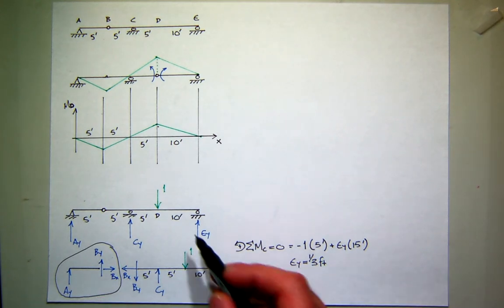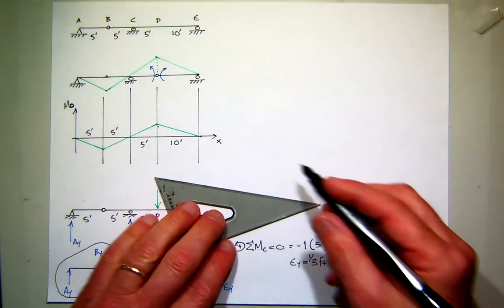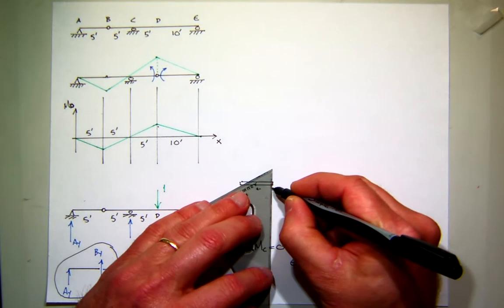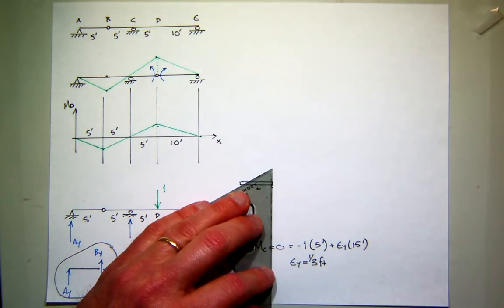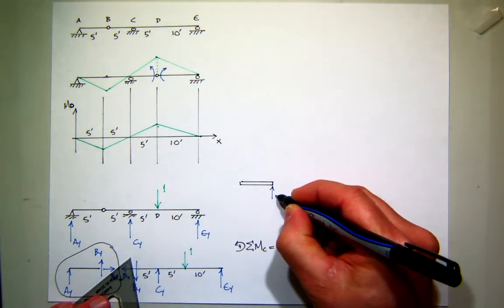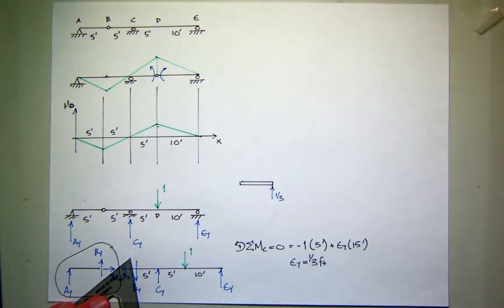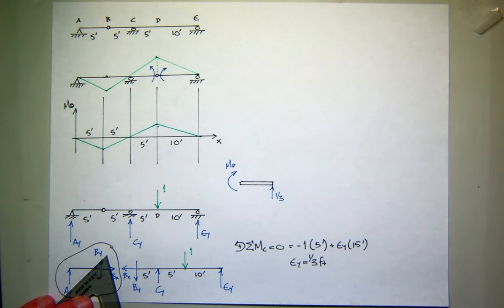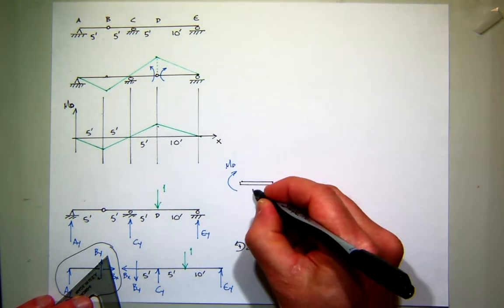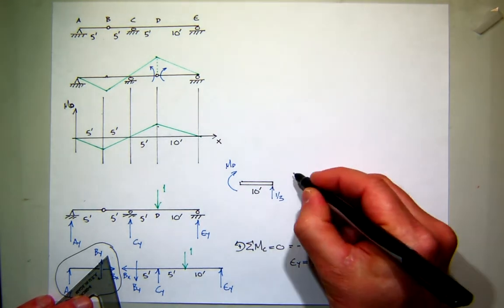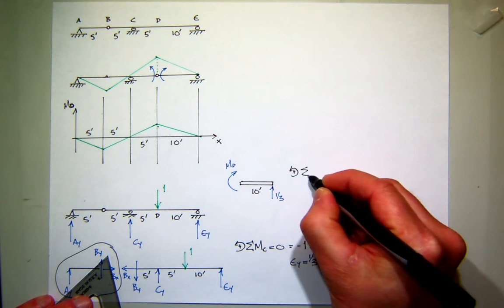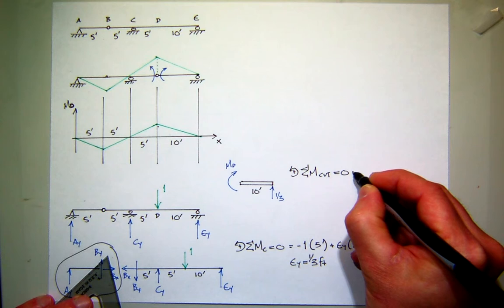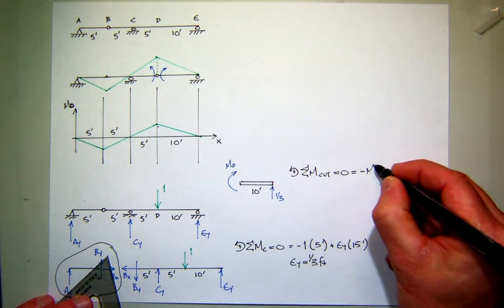So now I can go back and find my internal moment at D by cutting it, putting my value of EY on the structure, which is what? 1/3. Here's my positive moment at D. What is it equal to? Well, again, sum moments at the cut this time. And with my sign convention, you get a minus.